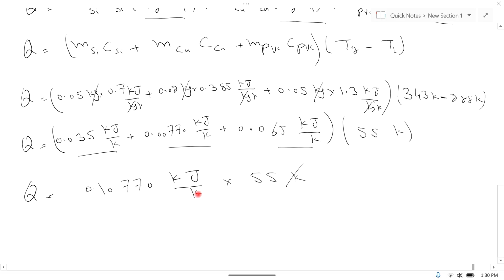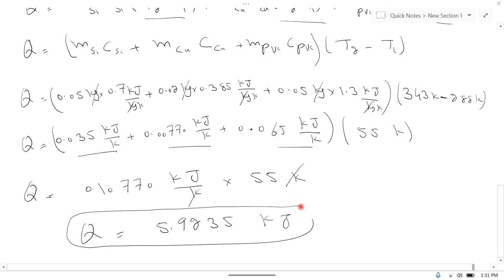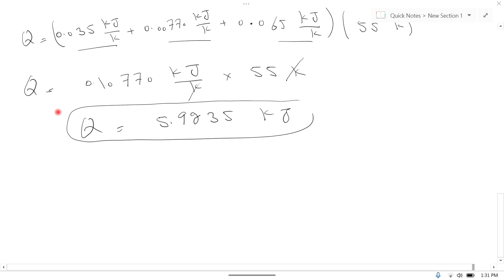So Kelvin will be cancelled with Kelvin and Q is equal to 0.1077 multiplied by 55 is equal to 5.9235 kilojoule. This is the heat or energy absorbed by the system when the computer is on and its temperature increases from 15 degrees centigrade to 70 degrees centigrade.